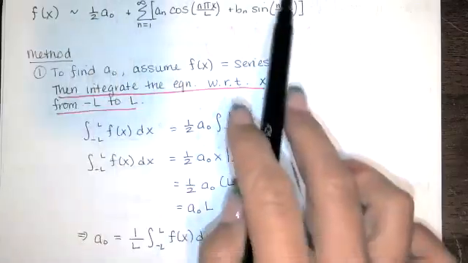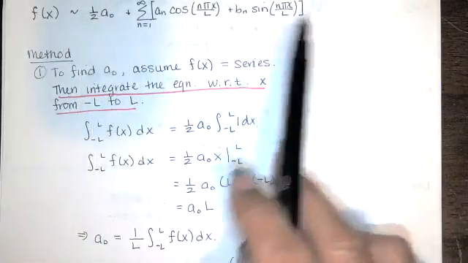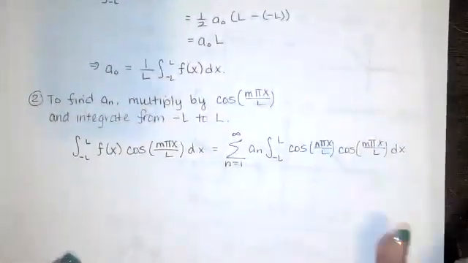Everything else, that guy zeroed out and that guy zeroed out because we had a cosine integrated from negative L to L, and then we had the sine times the cosine integrated from negative L to L. So we're here.